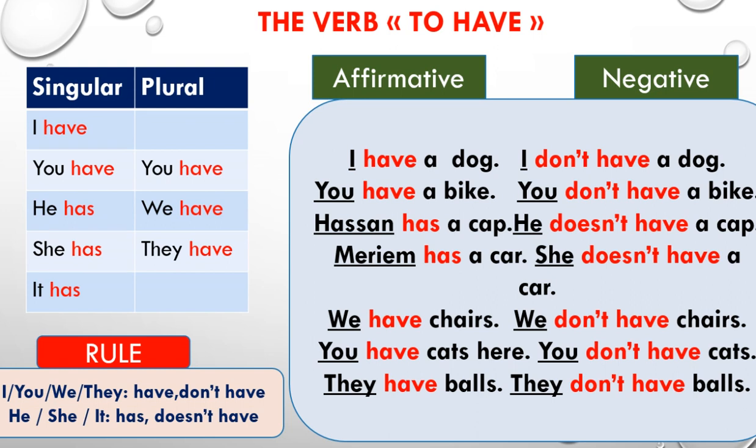Now let's move to the rule. لننتقل إلى القاعدة. متى نستعمل have ومتى نستعمل has. هذه هي القاعدة هنا أسفل الشاشة. The rule يعني القاعدة. So when the subject is I, you, we, they, we use have for the affirmative sentence and don't have for the negative sentence. يعني عندما يكون الضمير I أنا, you أنت, we نحن, they هم، نستعمل have و don't have.